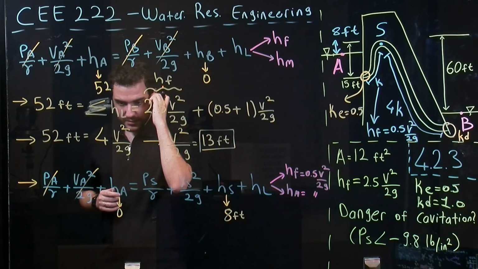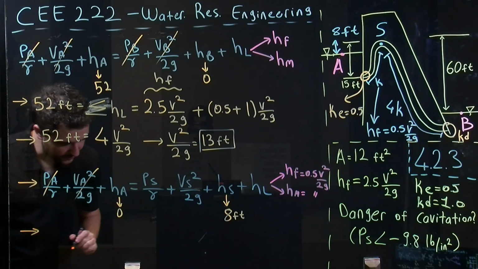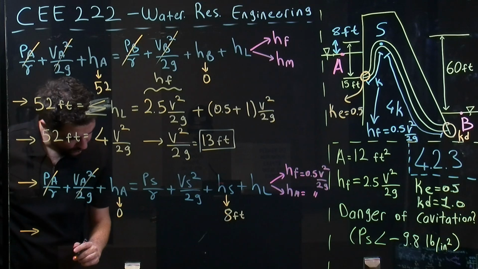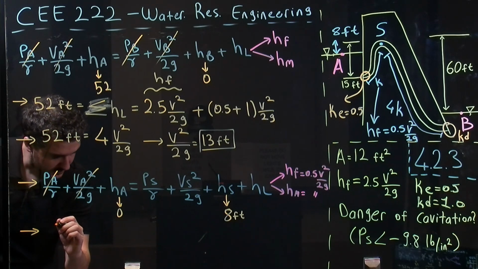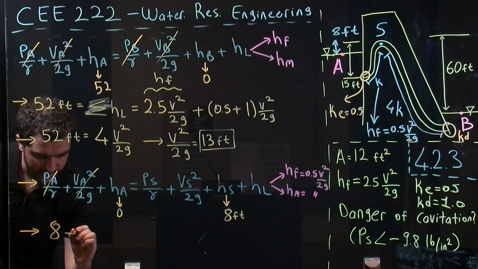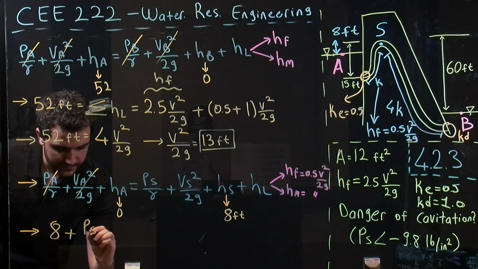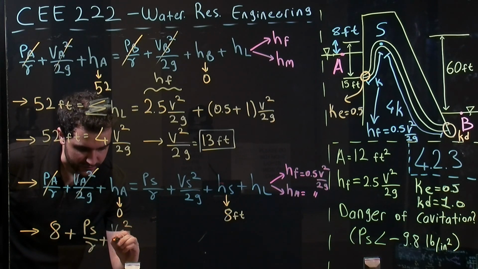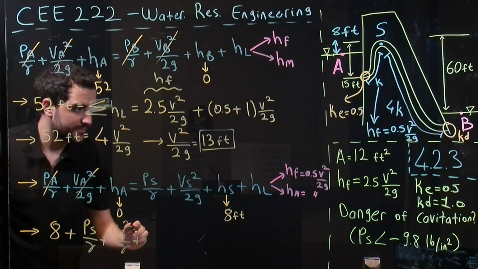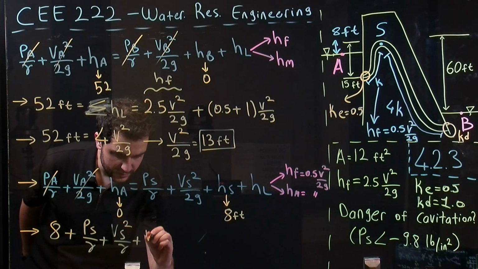Okay, so let me simplify this equation again. Eight feet plus PS over gamma plus Vs square over 2g plus the head loss, which is 0.5 plus 0.5 times v square over 2g.